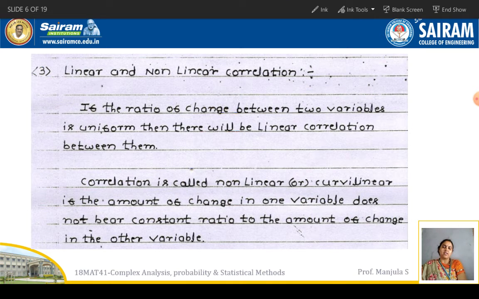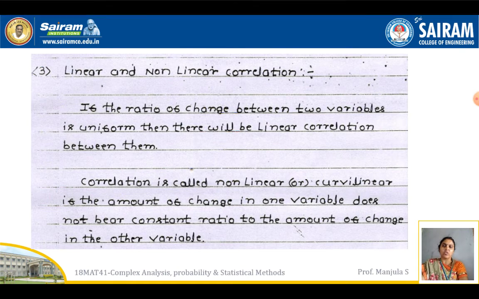The next type is linear and non-linear correlation. If the ratio of change between two variables is uniform, then there is linear correlation between them. Correlation is called non-linear or curvilinear if the amount of change in one variable does not bear a constant ratio to the amount of change in the other variable.